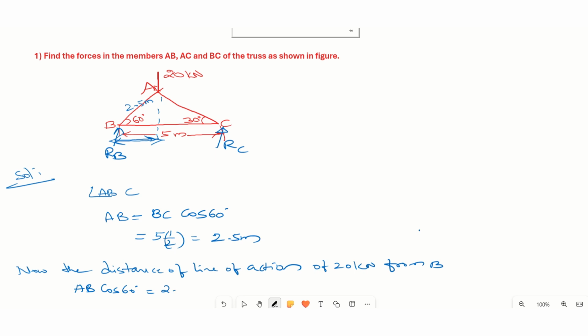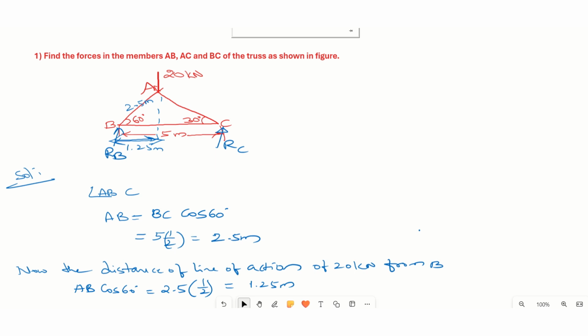AB is 2.5 and cos 60 is 1 by 2, so it equals 1.25 meters. So out of these 5 meters, from point B to the line of action of the 20 kilonewton load, the distance is 1.25 meters. Now we have to calculate the reactions.